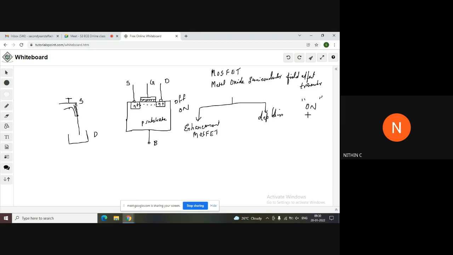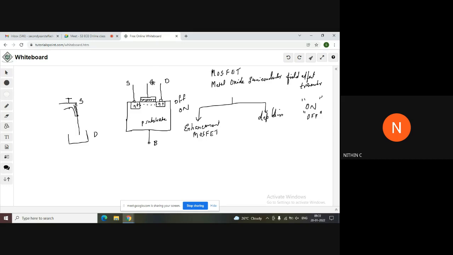We can turn off the device. How do we turn it off? If the gate voltage is reduced, it will turn off. When the gate voltage is reduced, current through source and drain stops. Clear? That will be initially in the on state.